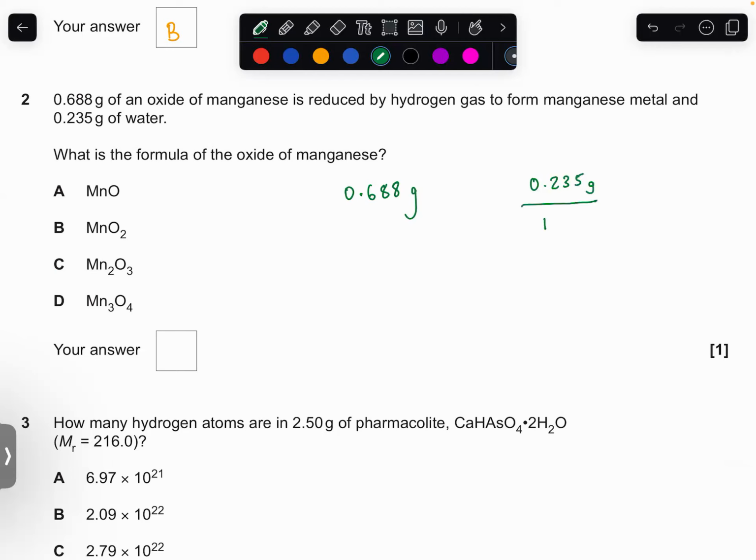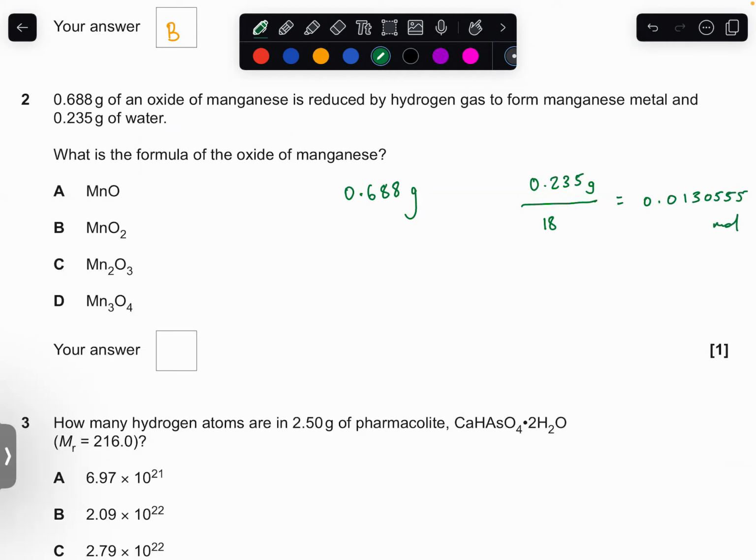If you divide that by 18, that gives you 0.0130555 moles. That's the number of moles of water.